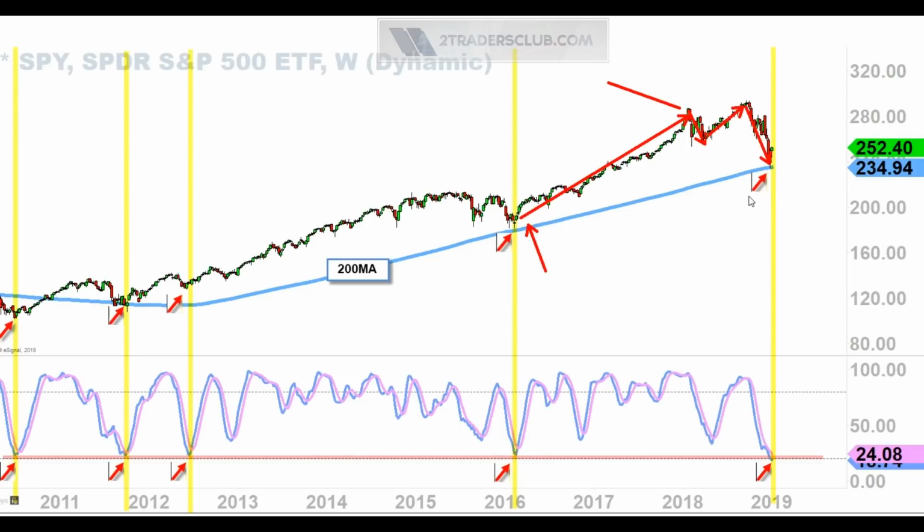But good news is that I was able to accumulate more long positions throughout this pullback here, and I think we are getting near to its lows. We're getting at the level of a bottoming level.